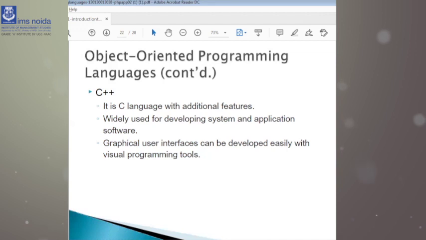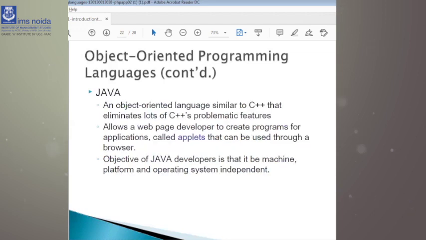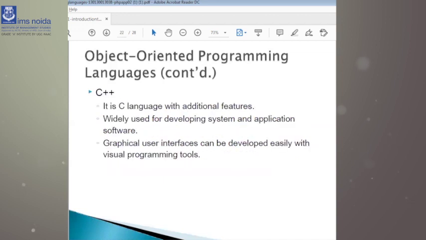In the object-oriented programming language, the main advantage is the reusability of code. Java: C++ is a partially object-oriented programming language.